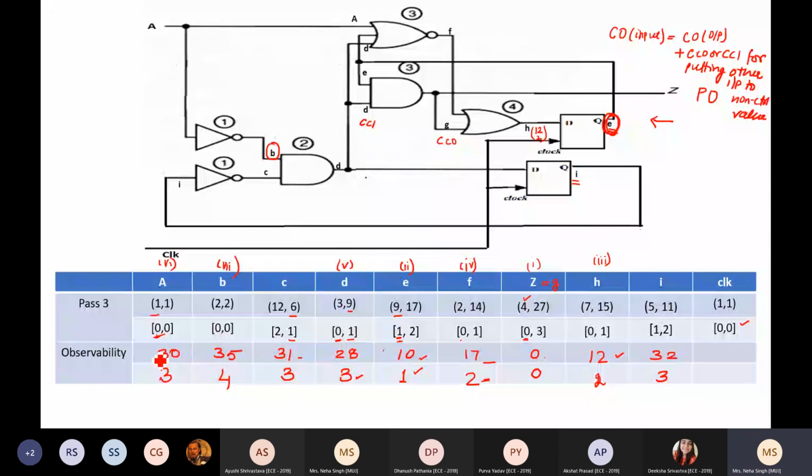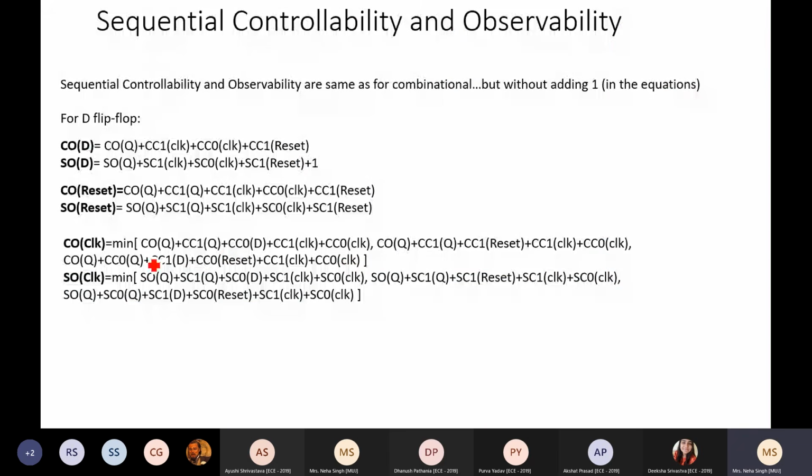The observability for the clock will be given as the observability of the output plus input control for Q, since we are considering output zero of input plus clock.